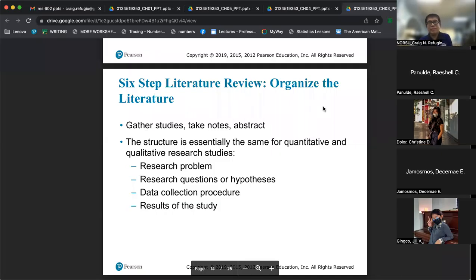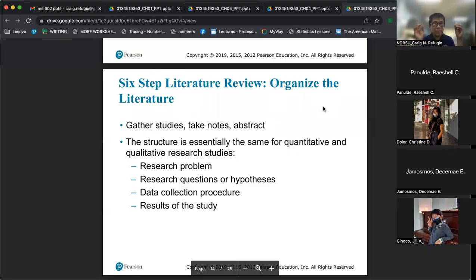The structure is essentially the same for quantitative and qualitative research studies. Research problem, research questions or hypotheses, data collection, results of the study. All of these must be found now in your summary of those different studies that you have reviewed.